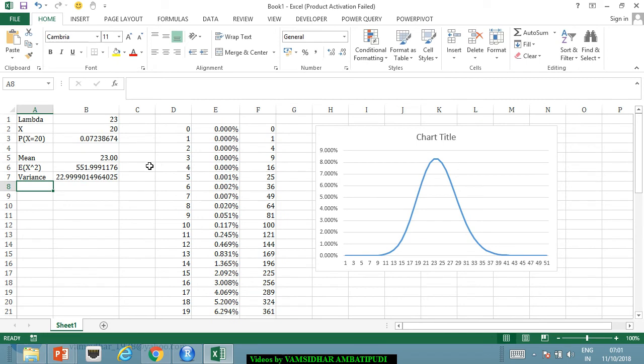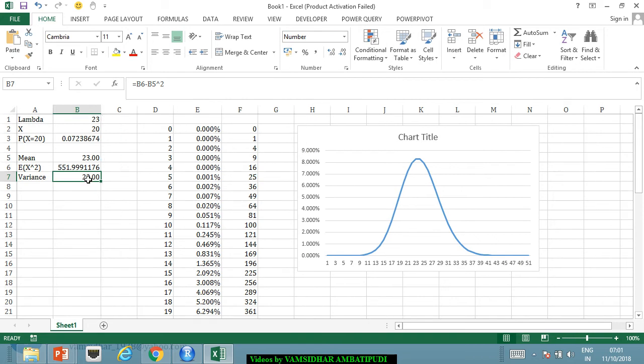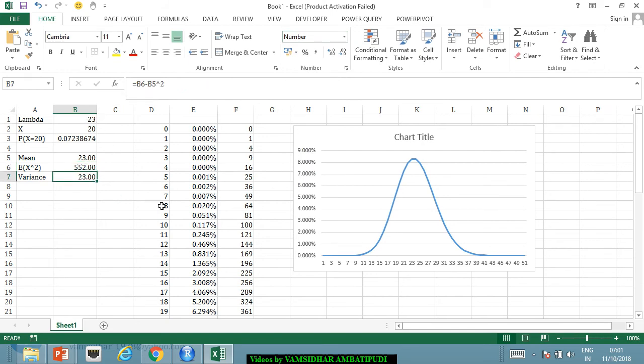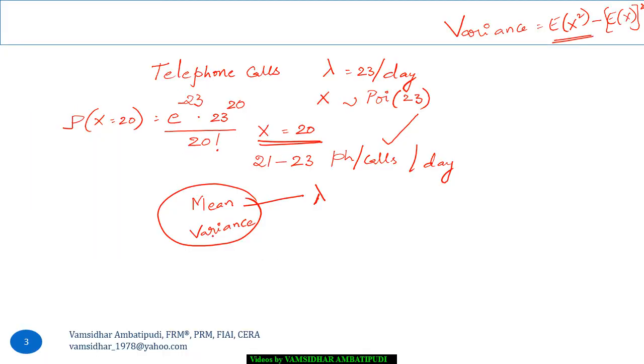In this case the variance also comes out to 23. The mean is 23, and the variance is also 23. This is one special property of a Poisson distribution: both the mean and the variance are lambda.